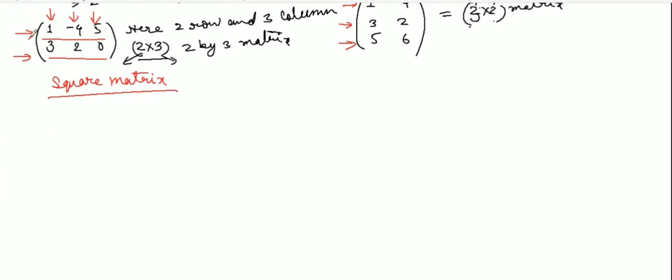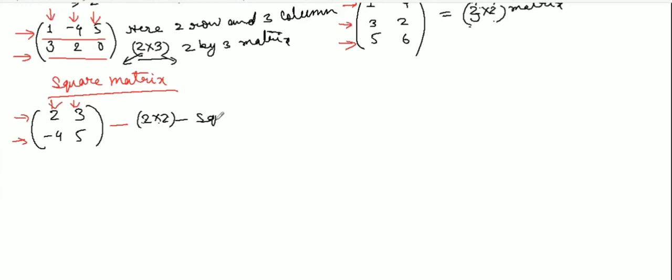As you can see, here are 2 rows and 3 columns, and here 3 rows and 2 columns. But if I write 2, minus 4, 3 here, you can see 2 rows and 2 columns. So this is called a square matrix. You can write it as a 2 by 2 matrix. Both rows and columns are the same, so this is called a 2 by 2 square matrix.